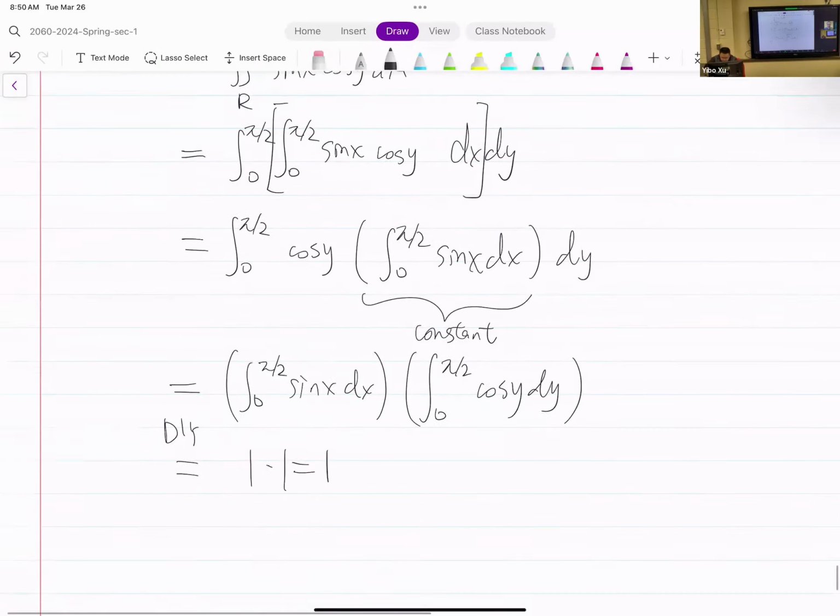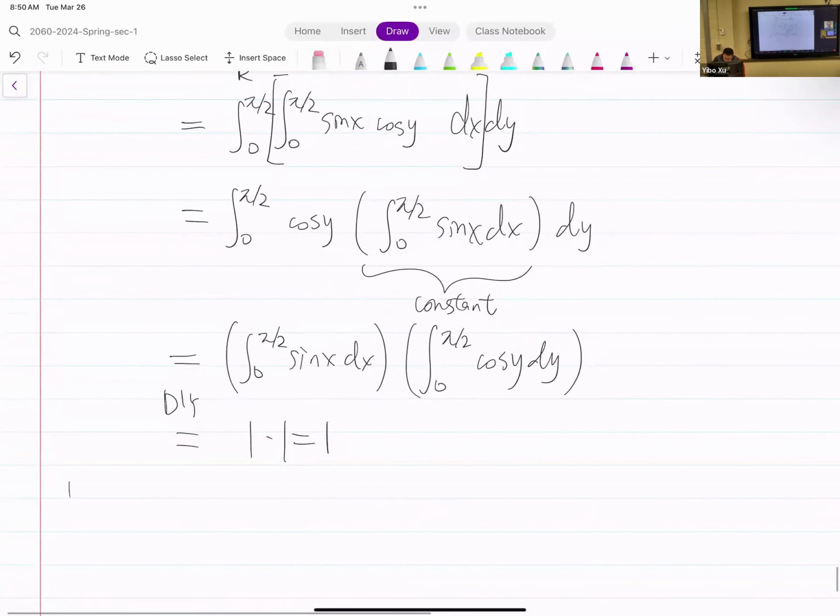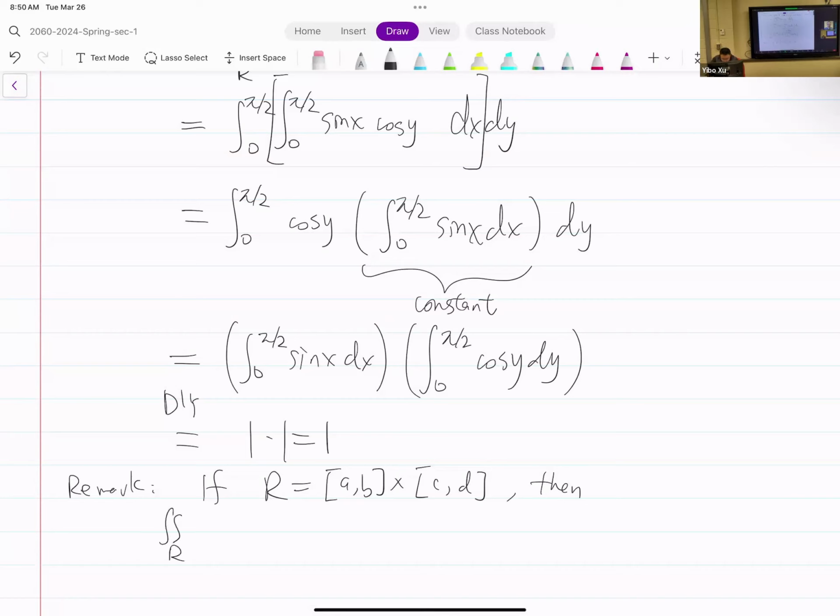Let me quickly write down the remarks for this situation. Basically, if you have the domain as a rectangle bounded from A to B and from C to D for x and y respectively, then the double integral for the function g of x times h of y dA can be separated into pieces.